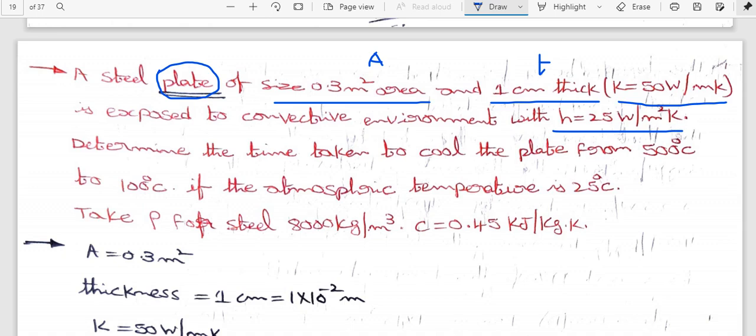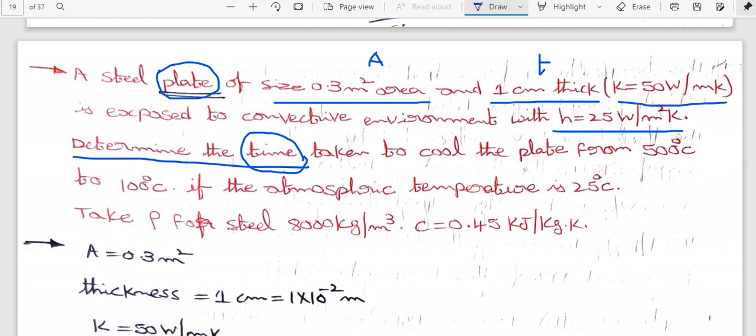Determine the time taken to cool the plate from 500 degrees to 100 degrees. So time taken means we need to use the transient heat conduction equation. So what is the time value?